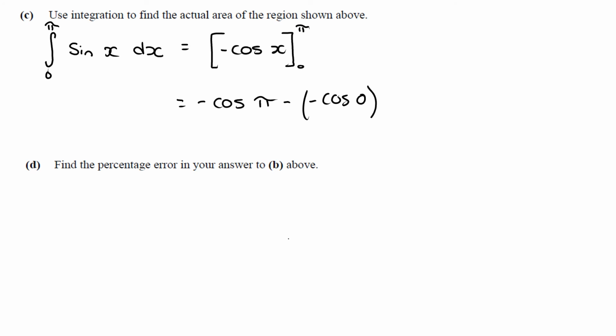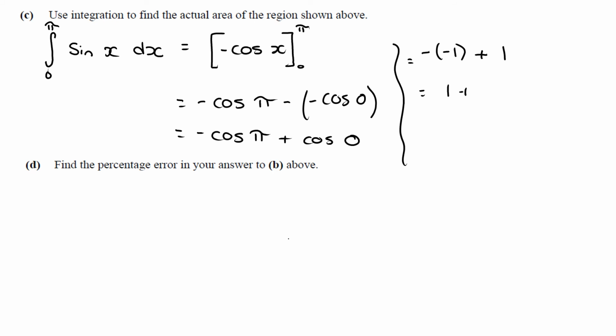And what that effectively gives us is minus cos of pi plus cos of 0. Remember, we're still in radians, which is minus 1 plus 1, which gives us 1 plus 1, which is 2. So that is our area.